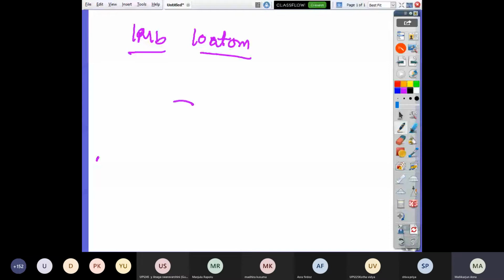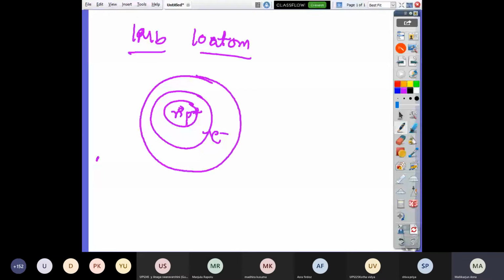An atom has a nucleus, and in the nucleus, neutrons and protons are there. Around the nucleus, electrons are revolving like this. This is one electron. Around the nucleus, another electron is also revolving.